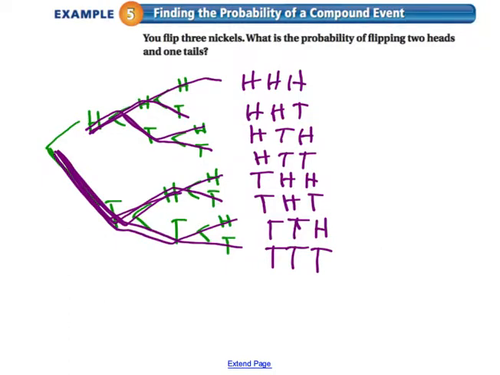We should end up, since it's 2 times 2 times 2, with 8 outcomes in our list. And 1, 2, 3, 4, 5, 6, 7, 8. We do have all the outcomes.